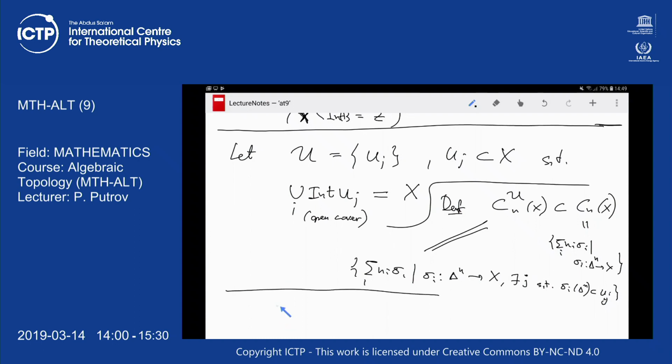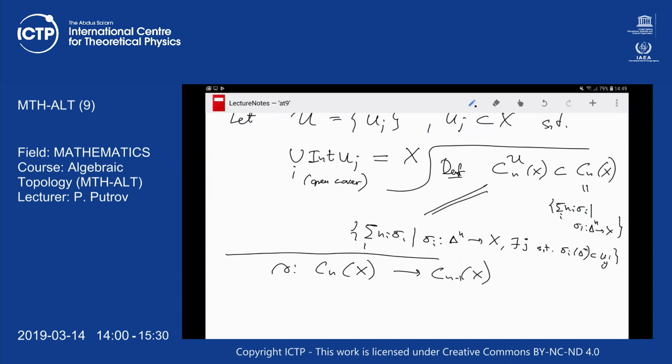And so we have a map on C_n of X, the boundary map, which acts from C_n of X to C_{n-1} of X. So we can consider its restriction on this subgroup. By the definition of this boundary map, for each sigma we just take a linear combination of restrictions of sigma on the faces of delta n.